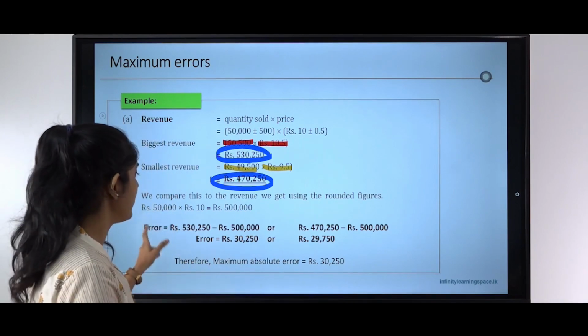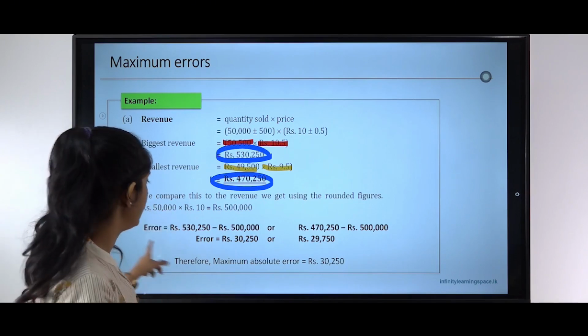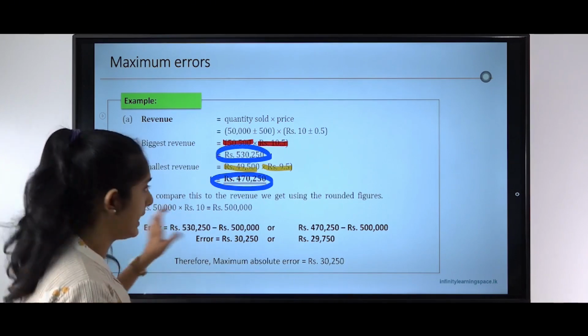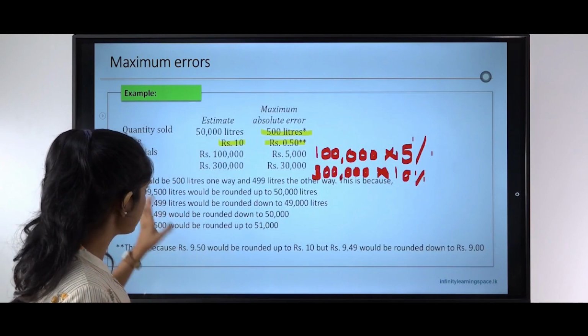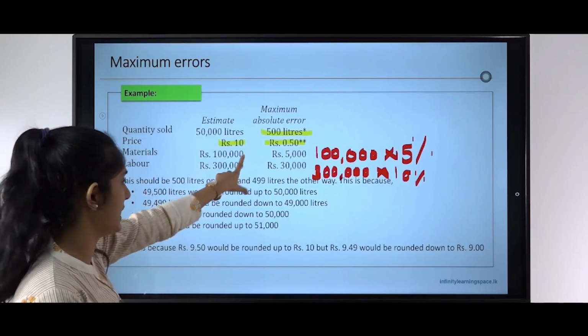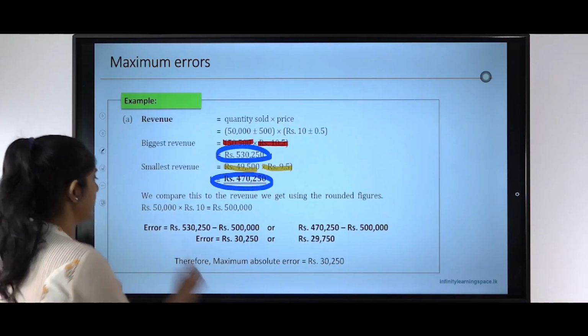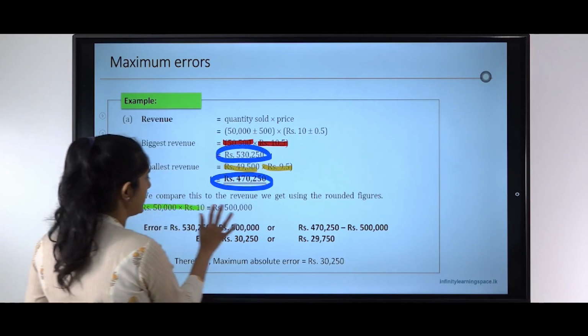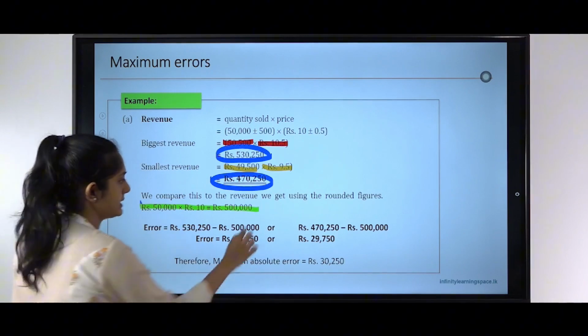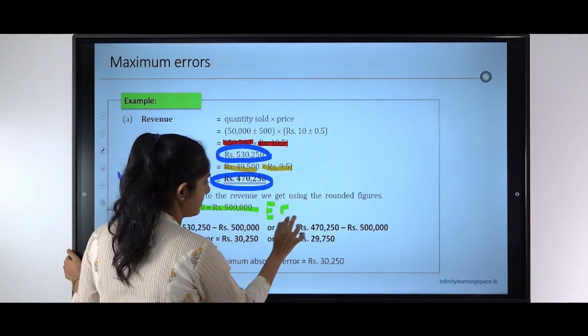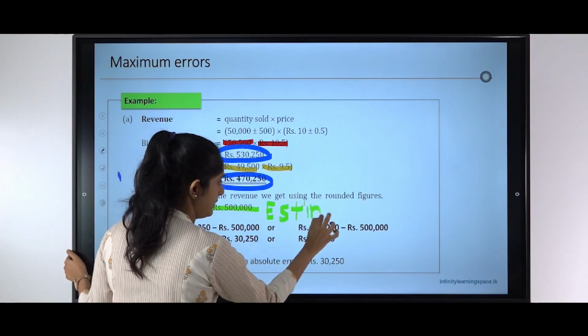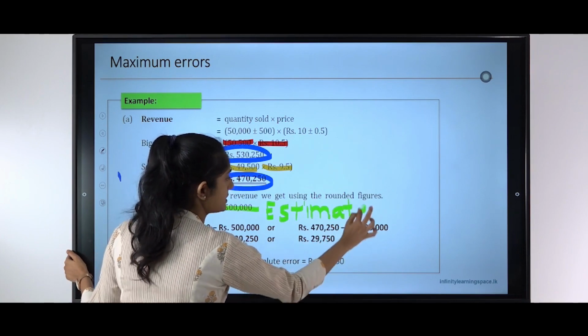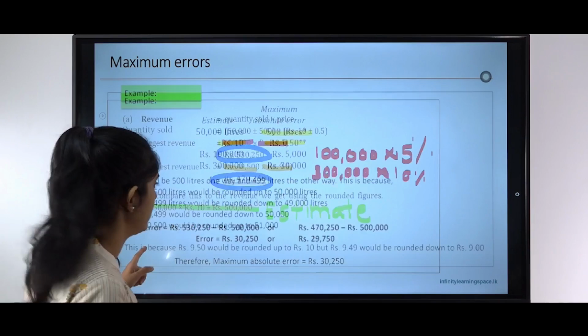So what is your difference there in error terms? Using the estimates, if I calculated, I would have calculated my revenue as 50,000 into 10, which is 500,000. This is the estimate, using those rounded off ones.